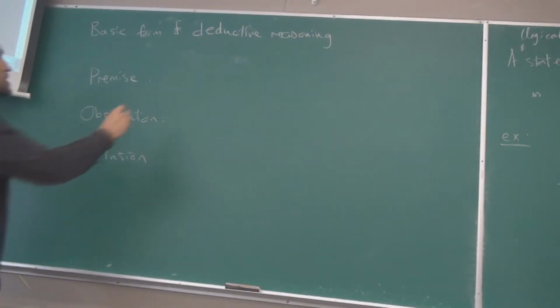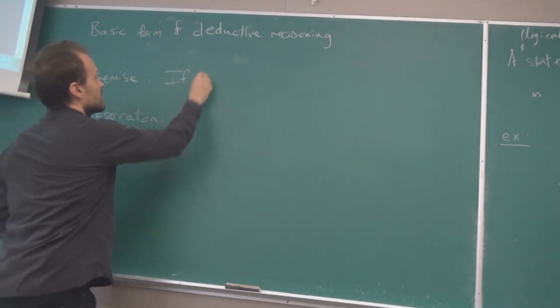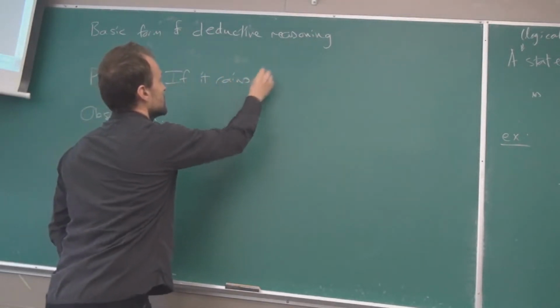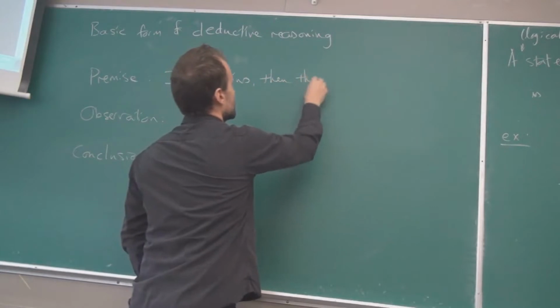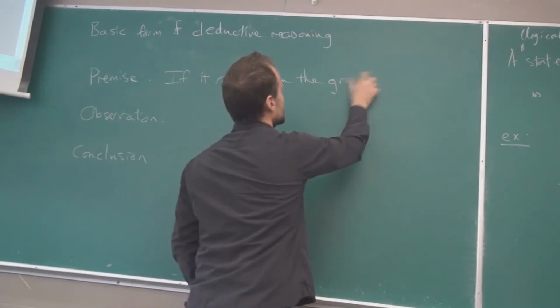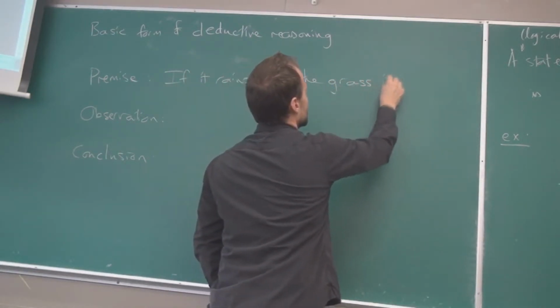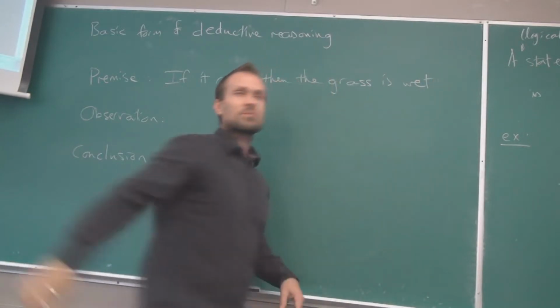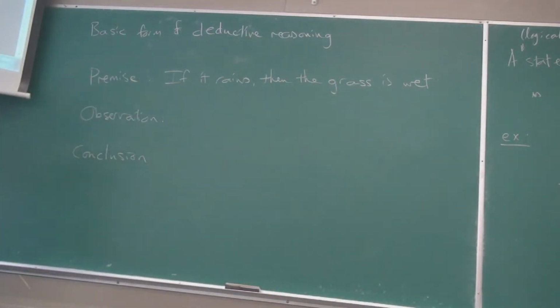So an example would be, if it rains, then the grass is wet. Now don't worry about tenses or grammar too much. I'm just picking whatever is convenient to make it as clear as possible. You can always phrase it in a more proper way. If it rains, then the grass is going to be wet. No one is questioning that.